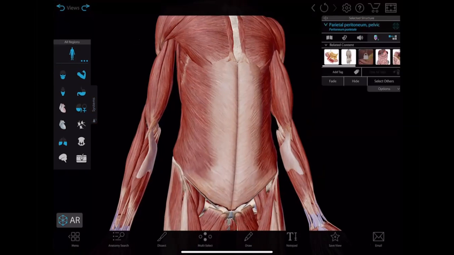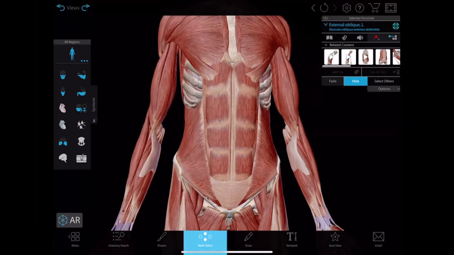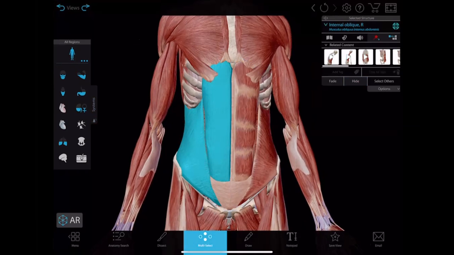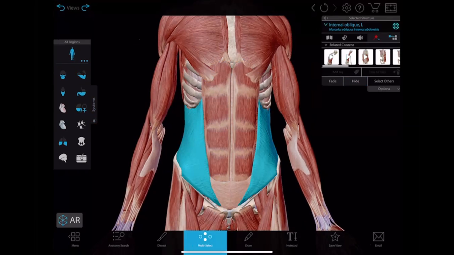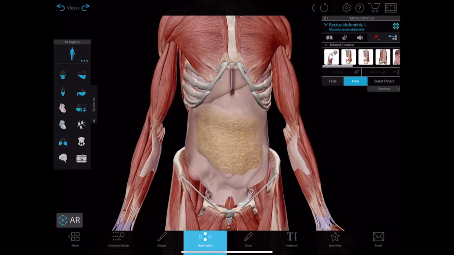We'll dissect these things. I will hide the external oblique, and then the internal oblique, I am hiding the internal oblique. And I am hiding transversus abdominis, and I am hiding rectus abdominis.